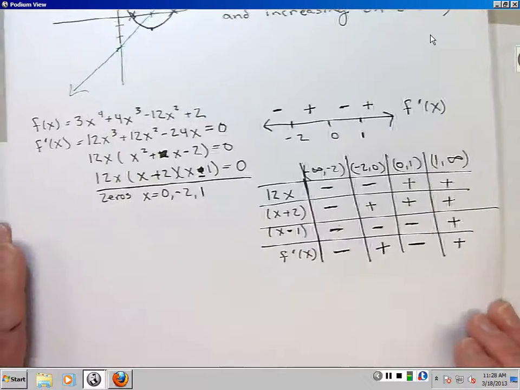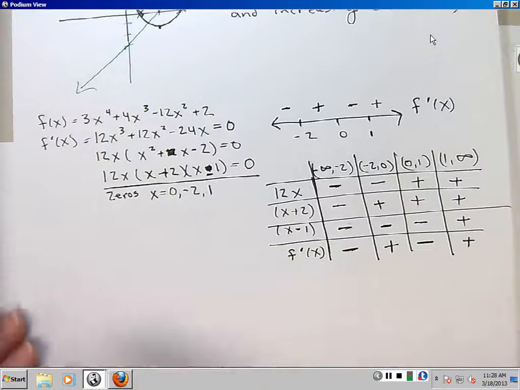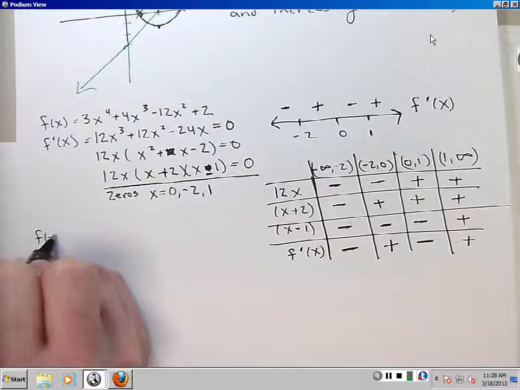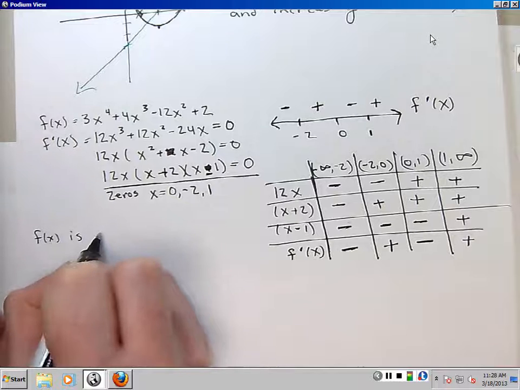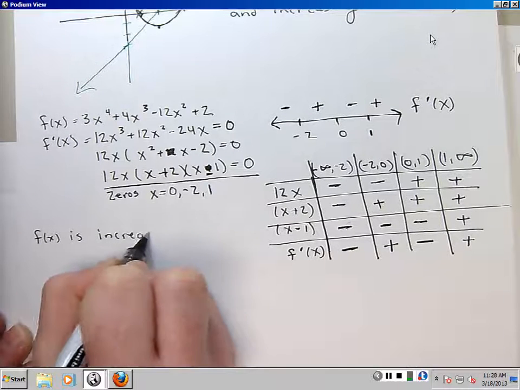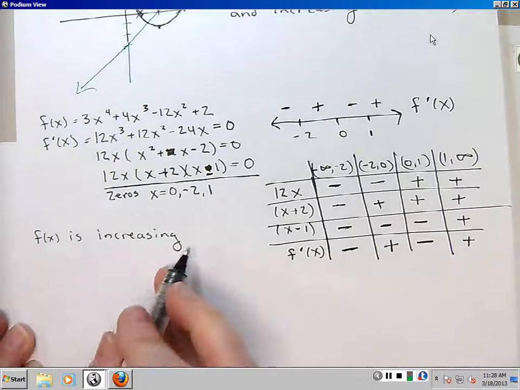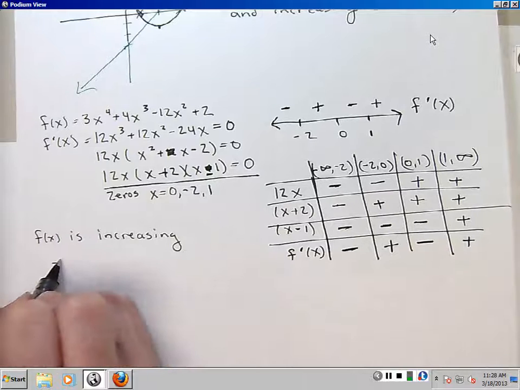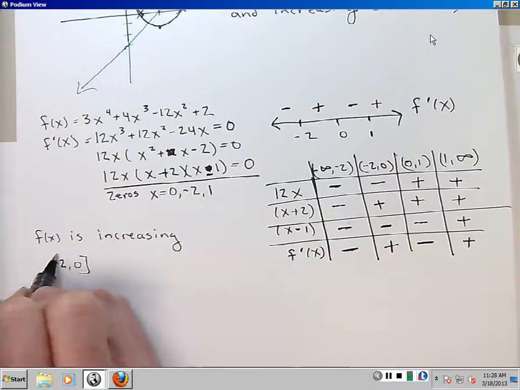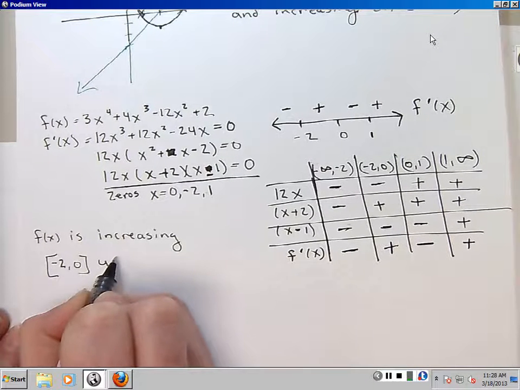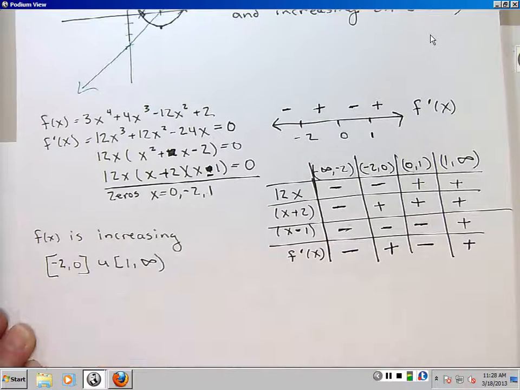So if I wanted to ask where the function f of x is increasing, what interval is my function increasing on? -2 to 0, union 1 to infinity, right?